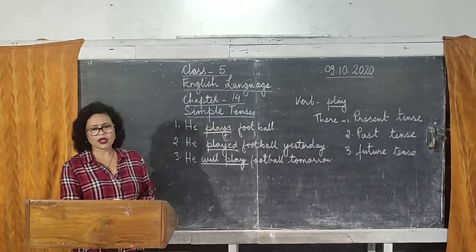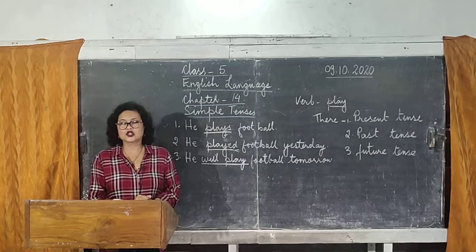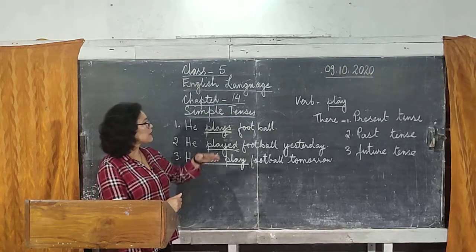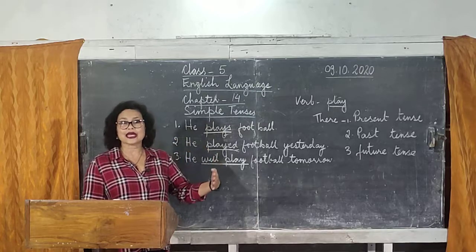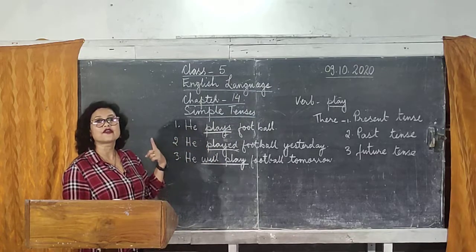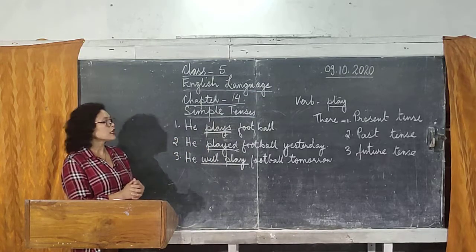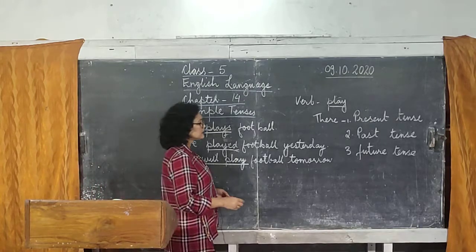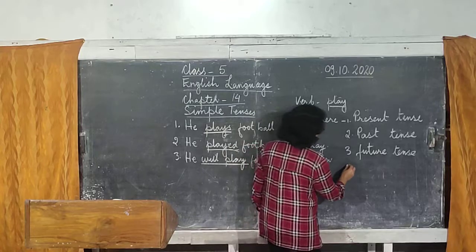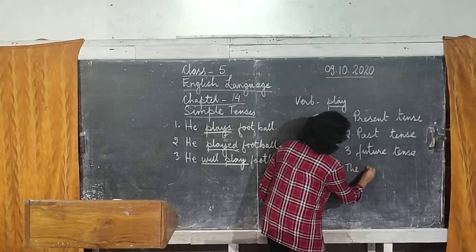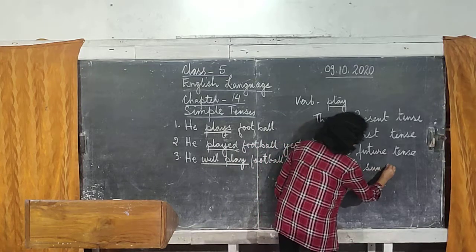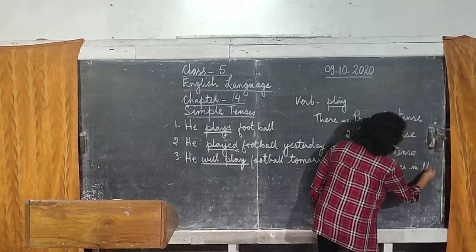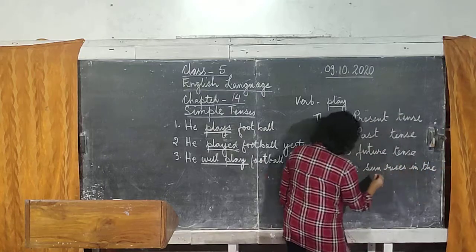Okay? The first one, to express universal truth. Present tense, to express universal truth. The first point is to express universal truth. For example, the sun rises in the morning, or in the east you can write.